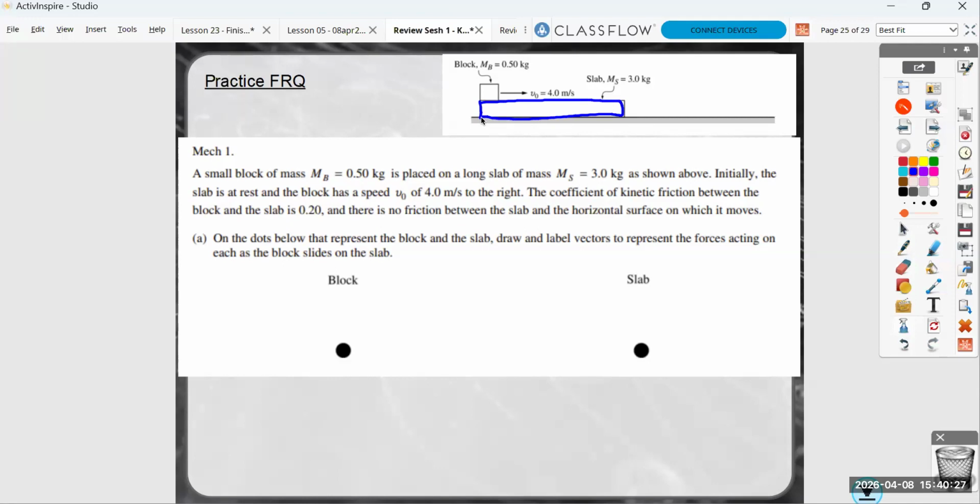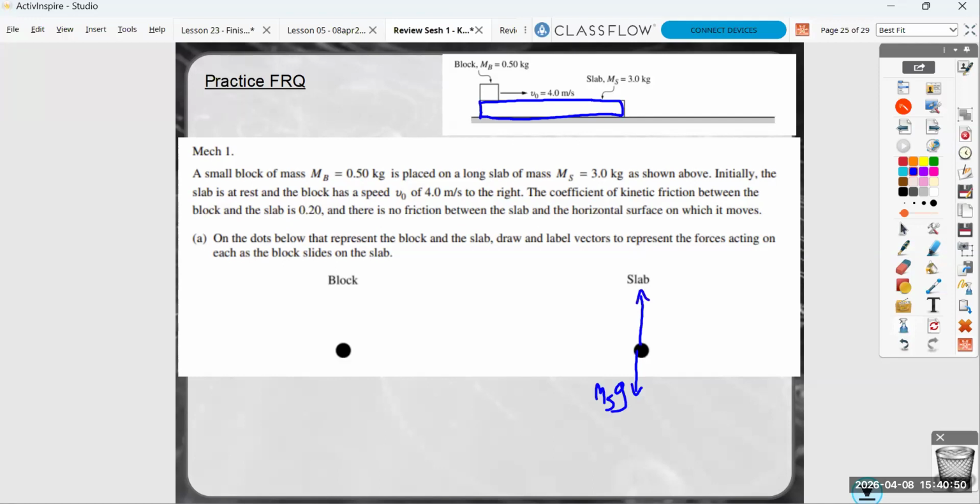Gravity on the slab, right? How should I label gravity on the slab? Gravity's MS g. Yeah. MSG. No MSG in this. All right. What else goes on my slab? The normal force from the ground. Yes, to both of those. So I do need a normal force from the ground.